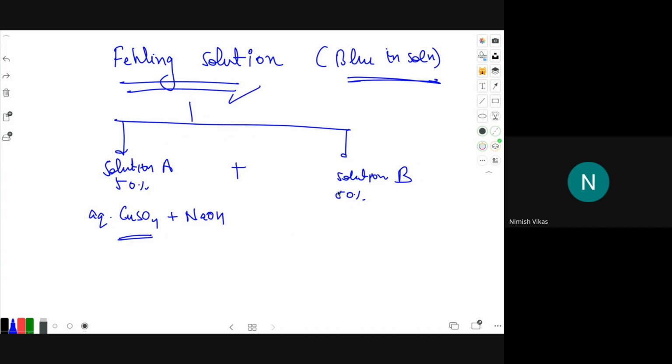Fehling's solution B is sodium potassium tartrate, which is also called Rochelle salt.